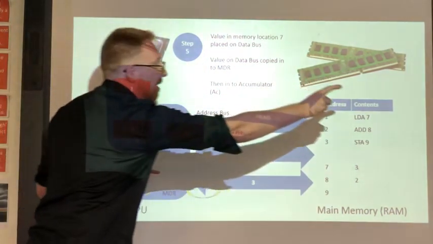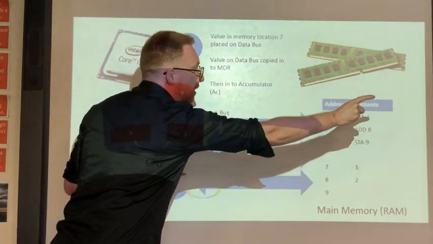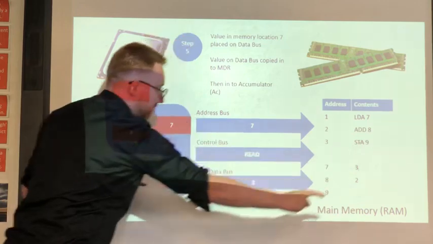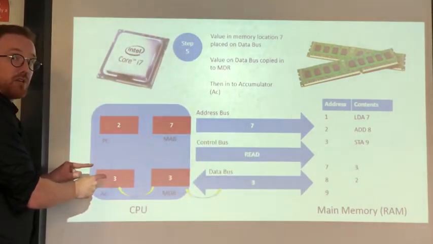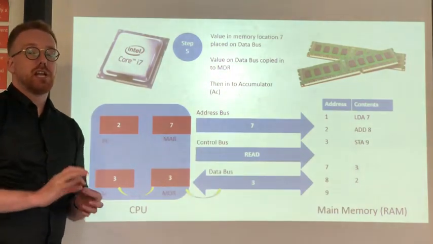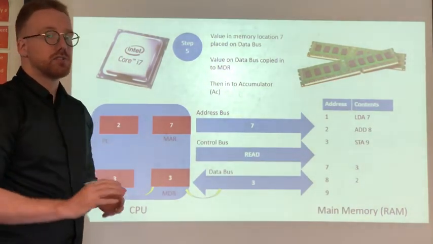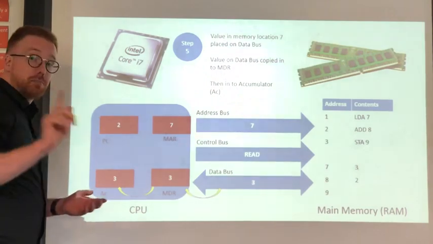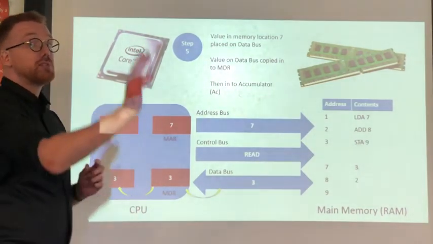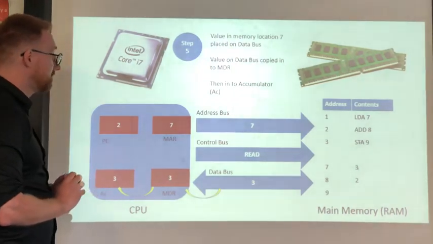So, load the contents of memory location 7, which was 3. That's now in the accumulator. So we've now finished decoding and executing the first instruction. Because it's the fetch, decode, execute cycle, we then repeat this whole process again.